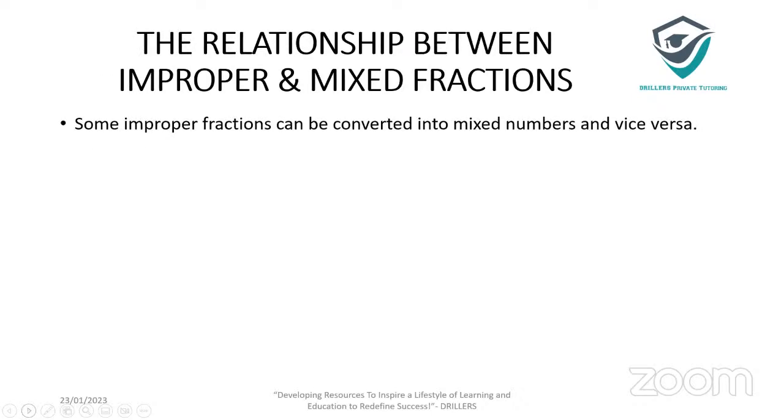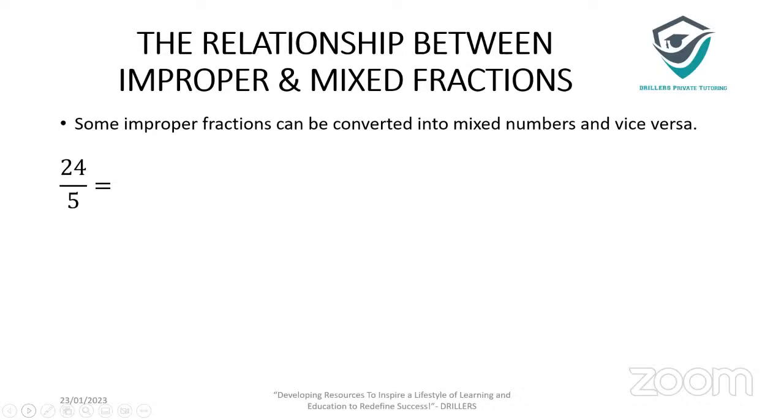So let's consider the relationship between improper fractions and mixed numbers. Some improper fractions can be converted into mixed numbers and vice versa. Let's consider this example: 24 over 5, or 24 fifths.